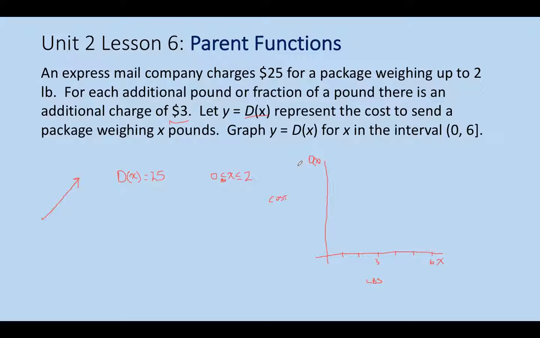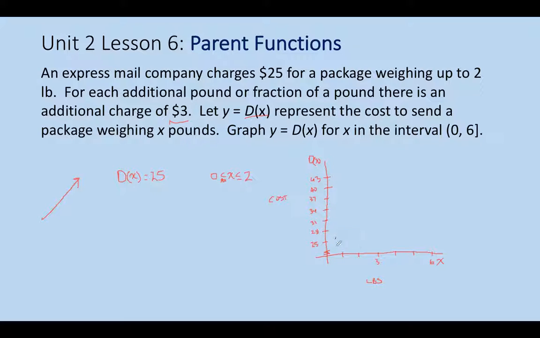Okay, but then for my y, or my d of x, I'm just going to do the little cheater thing here. I'm going to start at 25. And then since I'm going up by 3, I think it might be a good idea to just go by 3s. 25, 28, 31, 34, 37, 40, go up another one, 43.